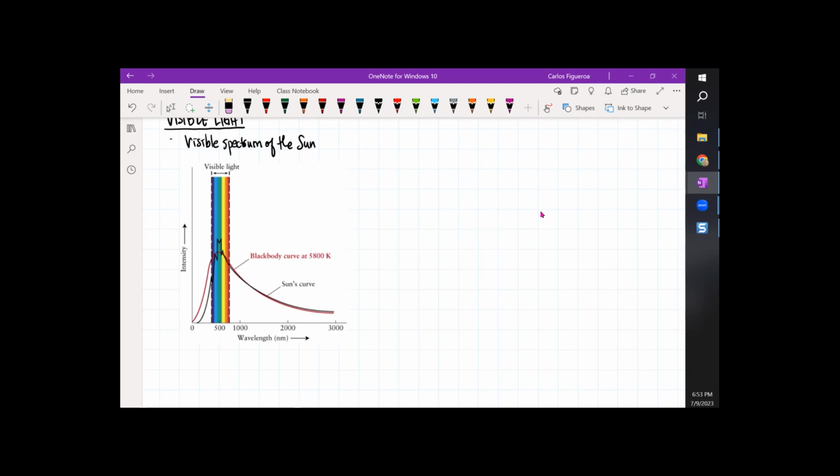The first thing that we should look at is that the temperature of the sun is around 5,800 degrees Celsius. Okay, that's the surface temperature.